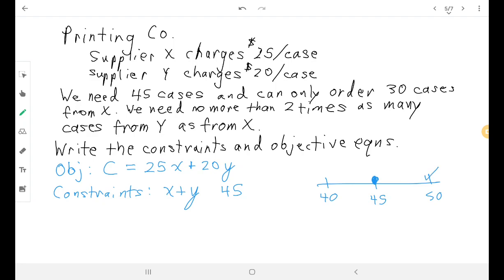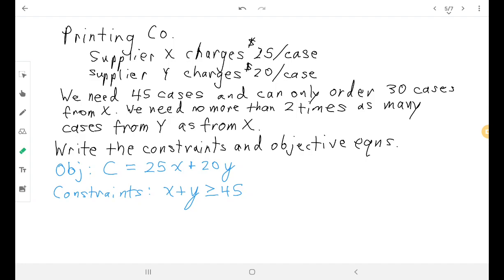Could I order 40 cases? Well, I want at least 45 cases, so no. So it has to go like that, which means we're talking greater than or equal to. The or equal to coming from the fact that I can order exactly 45 cases, the greater than coming from the fact that I can order more than that, and so I'm moving in that direction on the number line.